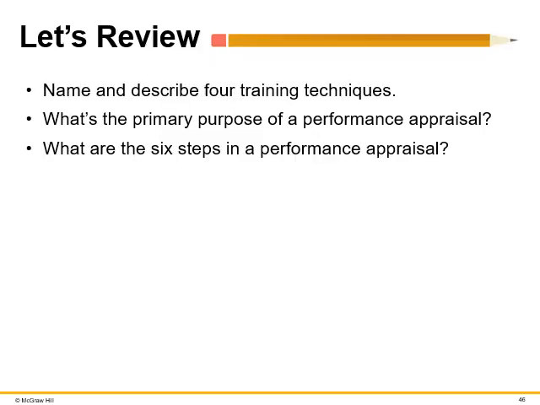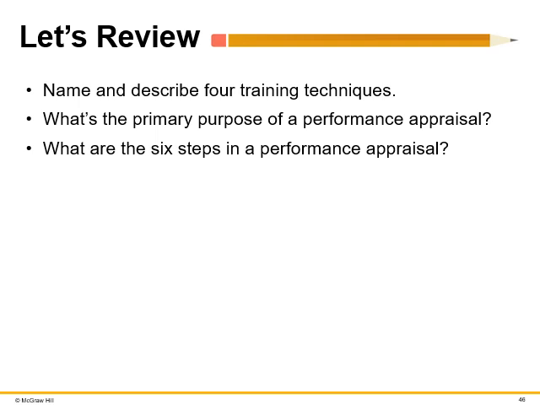Let's review. Name and describe 4 training techniques. Off-the-job training occurs away from the workplace and consists of internal or external programs to develop any of a variety of skills or to foster personnel development. An apprenticeship program involves a student or apprentice working alongside an experienced employee to master the skills and procedures of a craft.